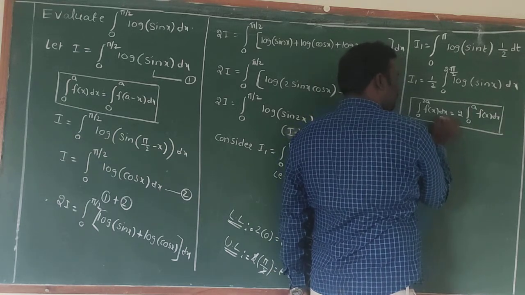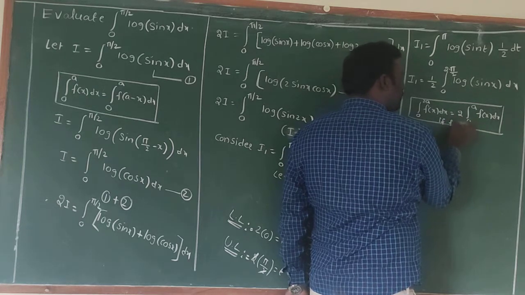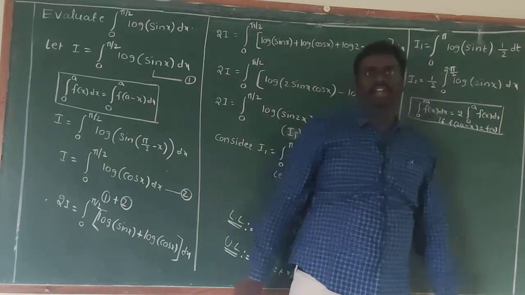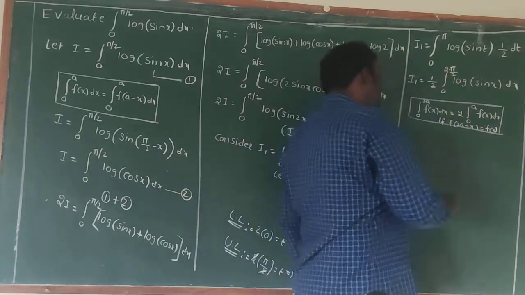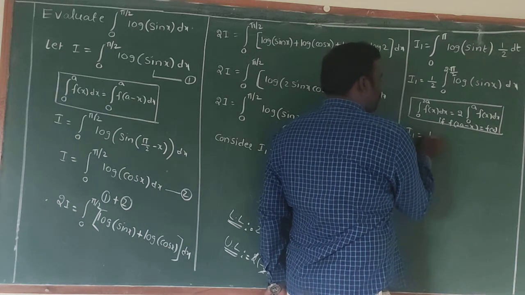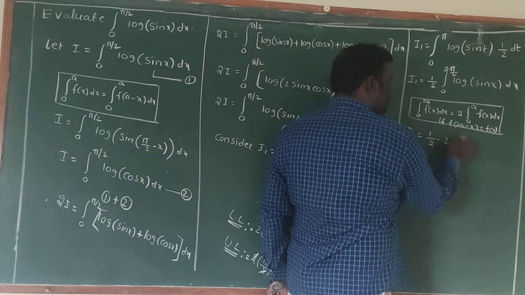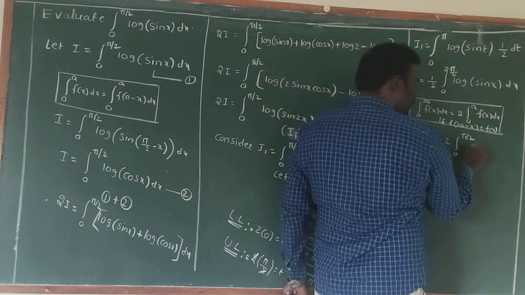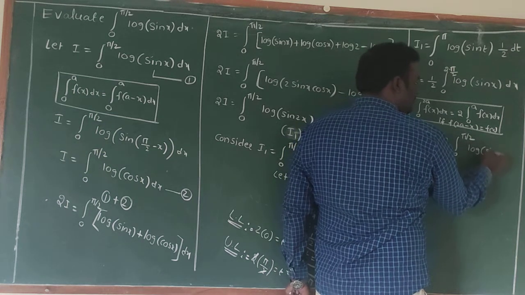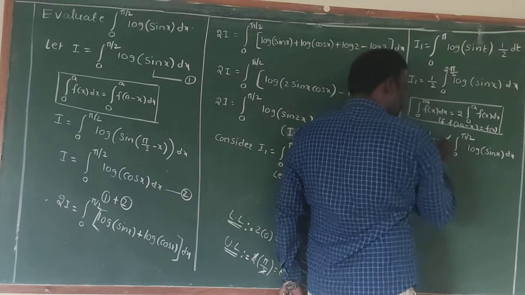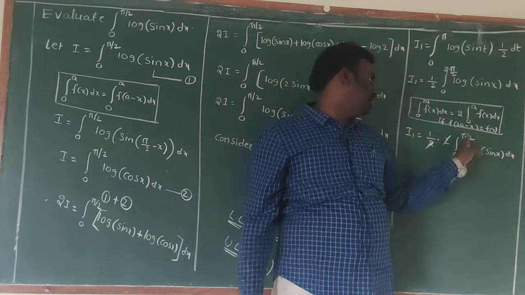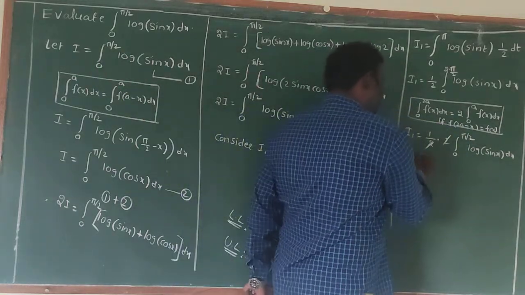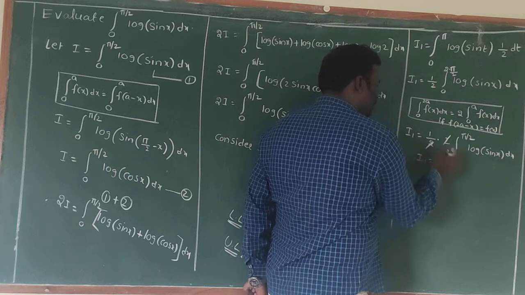The condition is, if f of 2a minus x is equal to f of x. According to this property, I1 is equal to 1 by 2 into 2 times integral 0 to a, meaning pi by 2, of log sin x dx. Now the 2 gets cancelled. Integral 0 to pi by 2 of log sin x dx is nothing but I. Therefore finally we got I1 is equal to I.